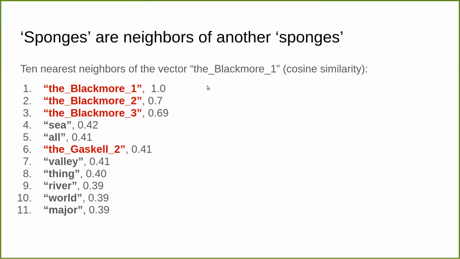So the intuition behind the identity vectors or sponges, as Maciej called them, is that if we take them in one model against all other words, their immediate neighbors would be other sponges because their usage and distribution in a text are similar. And this is indeed so: if we take the nearest neighbors of the vector z Blackmore 1, which is like an identity vector, and we measure the cosine similarity and sort the words by it, we indeed see that the closest vectors are the other sponge words or sponge vectors from other novels by Blackmore.